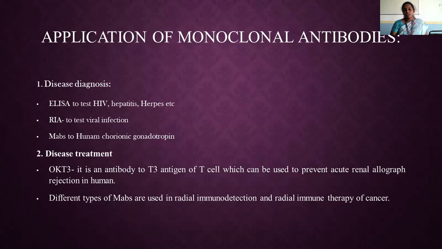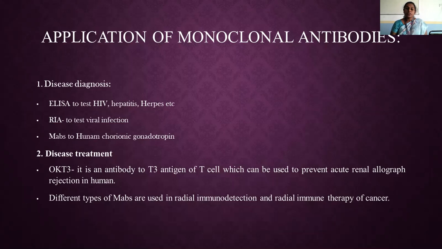The applications of monoclonal antibodies are as follows. It involves disease diagnosis, where various methods like ELISA and RIA can be applied to detect various infections and for the diagnosis of various diseases. Then they are used for disease treatment, where a particular type of monoclonal antibody can be used for specific antigens.